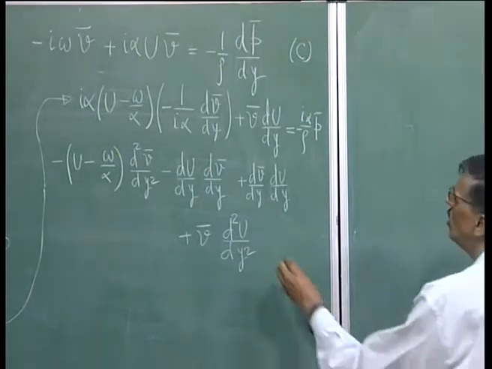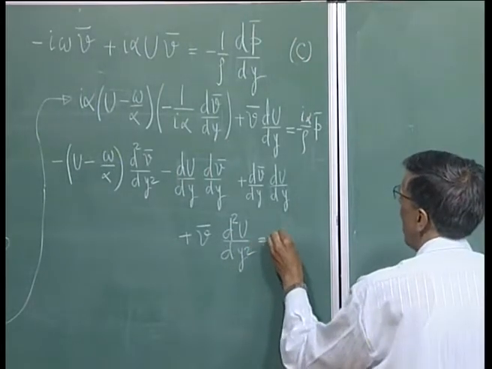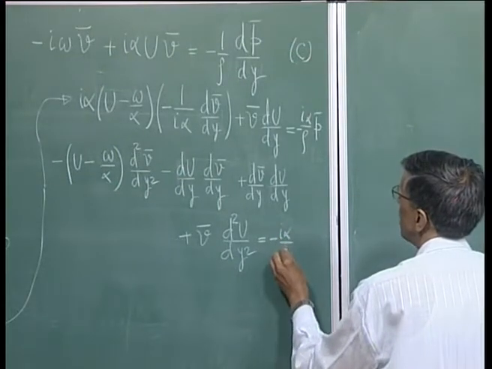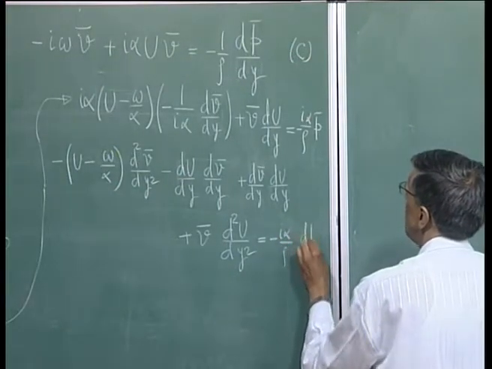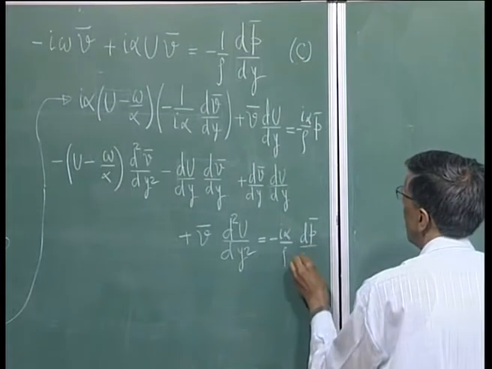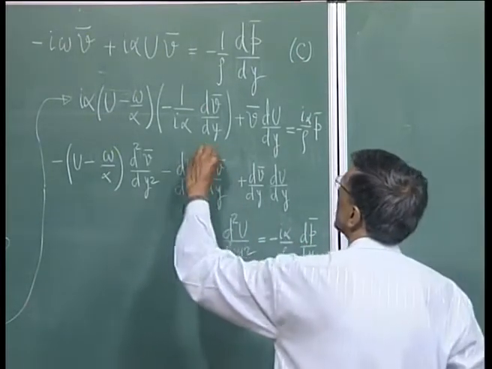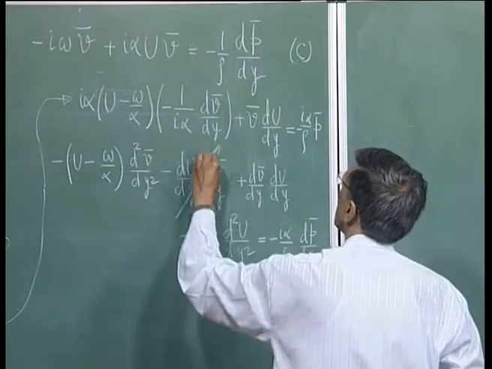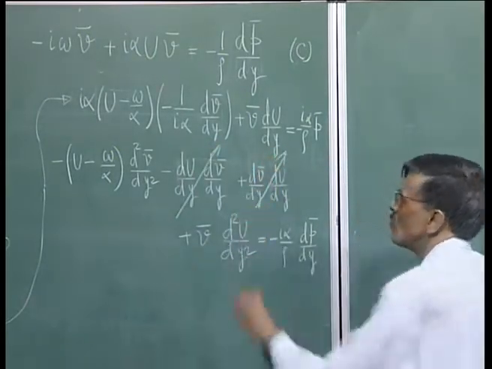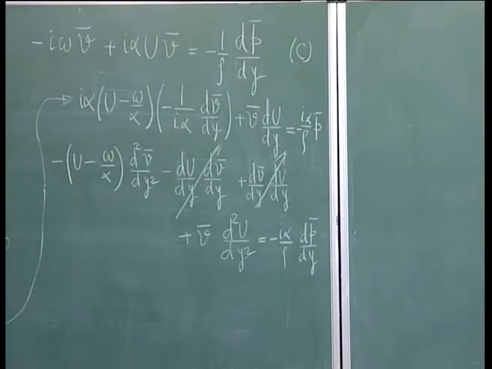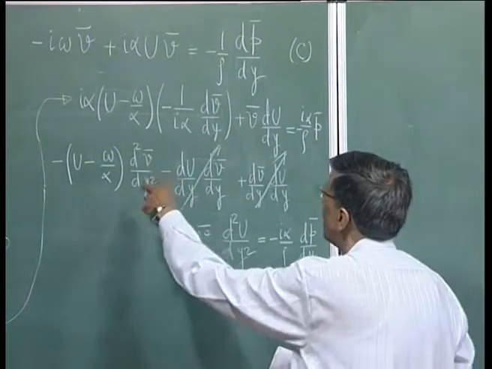That will be equal to minus I alpha by rho dp bar dy. So of course, you can see these two terms cancel out, right? These two terms cancel out, and then you get this.